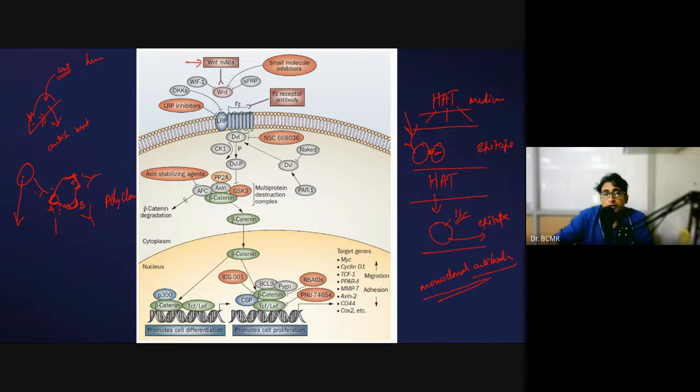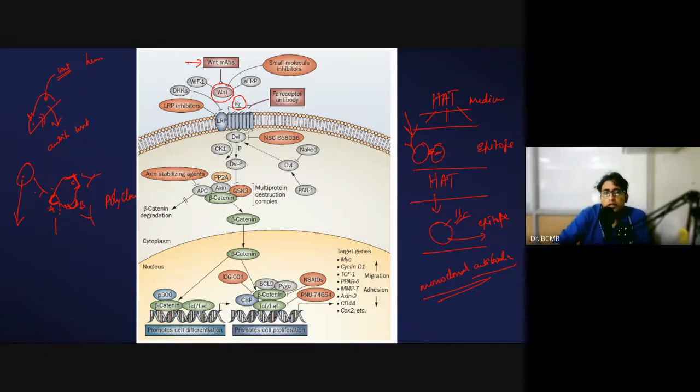Those can then be injected into the body, and they are supposed to bind to Wnt. If they bind to Wnt, it is unlikely that they will bind to the respective receptor. That is how we can minimize the amount of Wnt available to the cell.